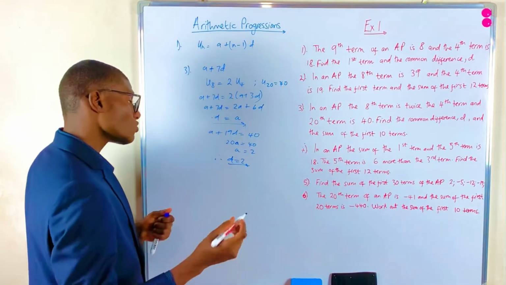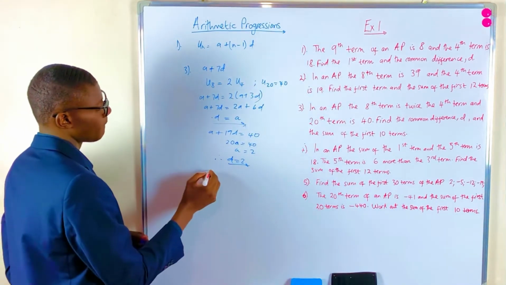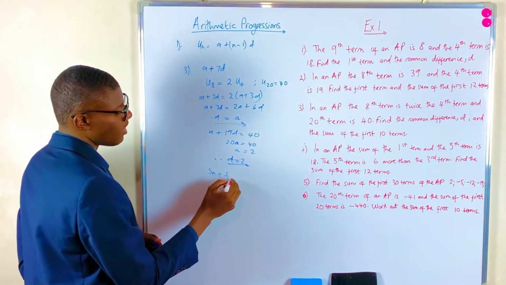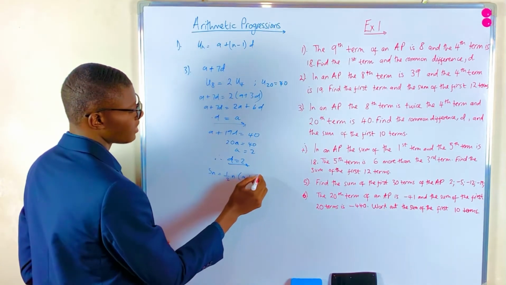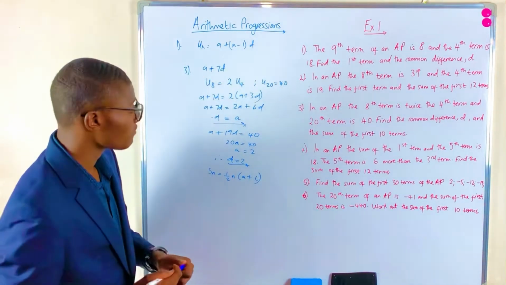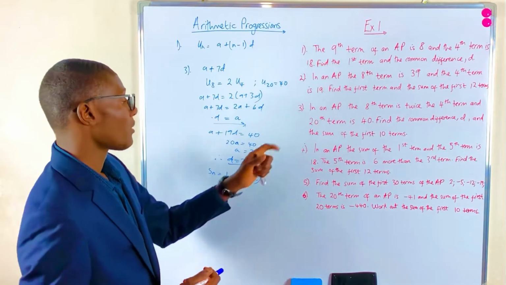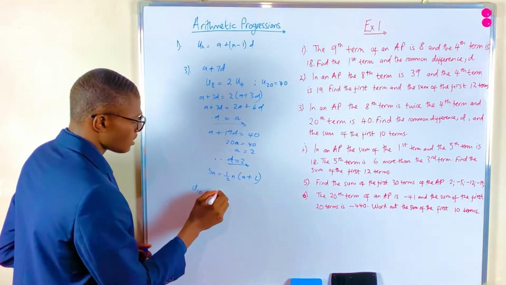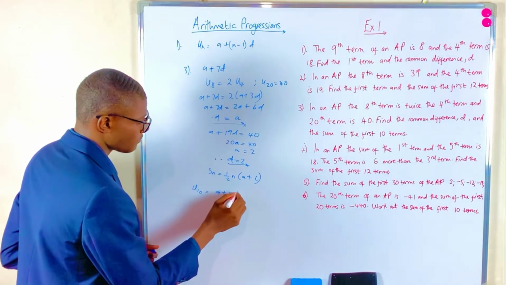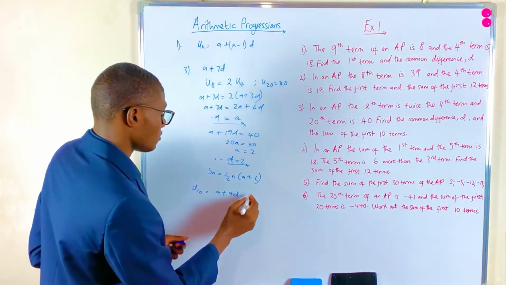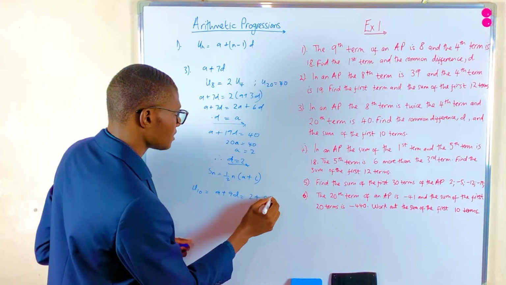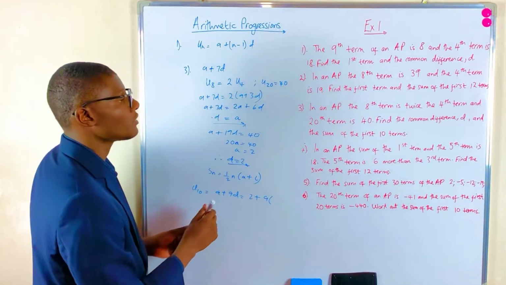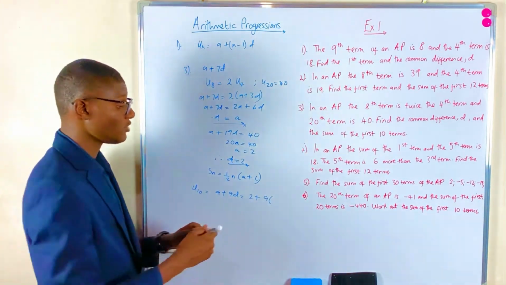Now we can also use the same formula, Sn is equal to half n multiplied by a plus l, a being the first term, l being the last term. For 10 terms, we need to find the last term, u10, which is a plus 9d. So our a is 2 plus 9 times d, being 2.